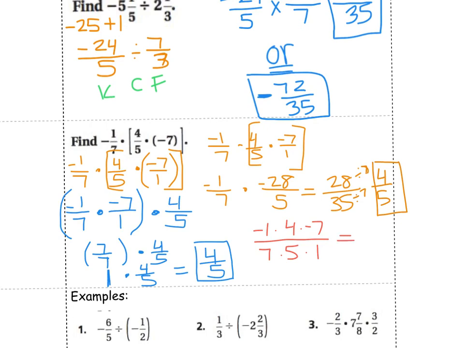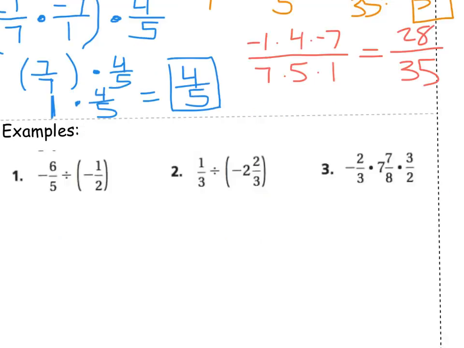You can do this way too, but just don't forget that when you do this way, you have to remember that you have a negative sign here and a negative sign here. So these are going to be positive, and then this is going to be positive. So just a little side note, and then I think this way gets you the reduced way a lot faster than if you do this way, because even here, I thought, oh, well, I still have to reduce that part.